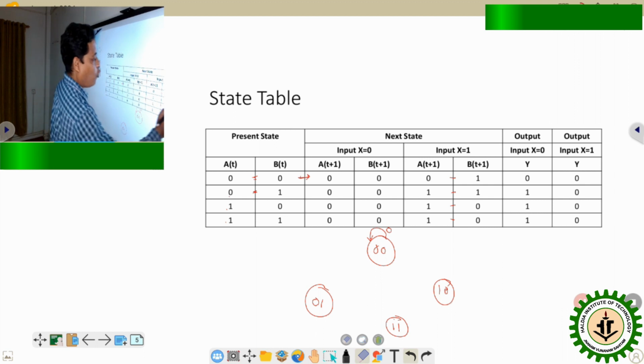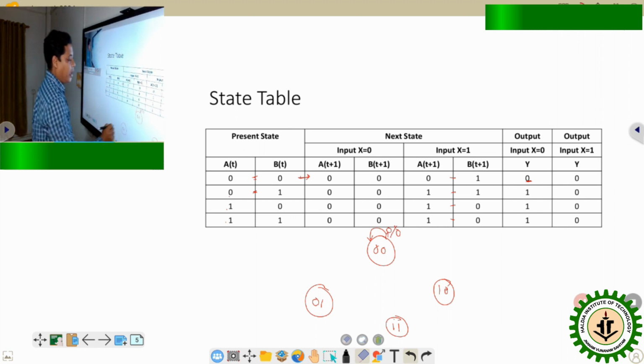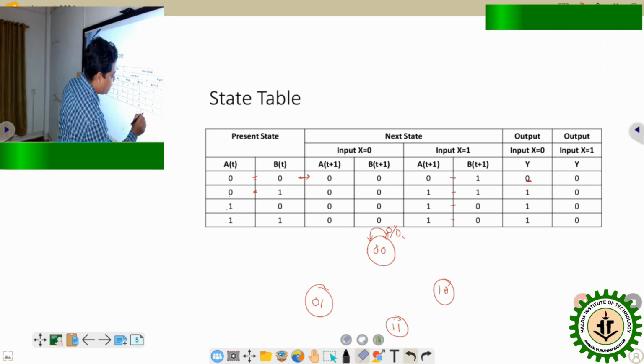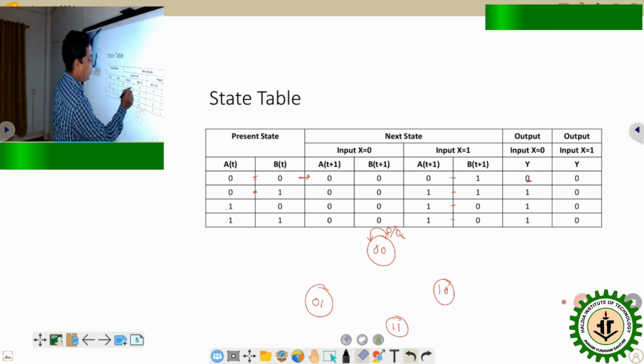At the same time, what is the output Y? At that point, output Y equals 0. So slash 0. The first digit indicates the input to the circuit, and the second digit indicates the output of the circuit. So in the first situation, when 00 is the present state and x input equals 0, it will not change its state and remain at 00 only.